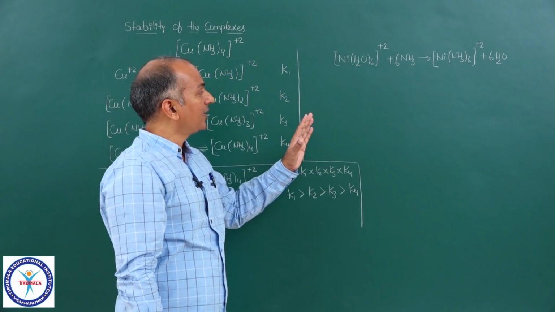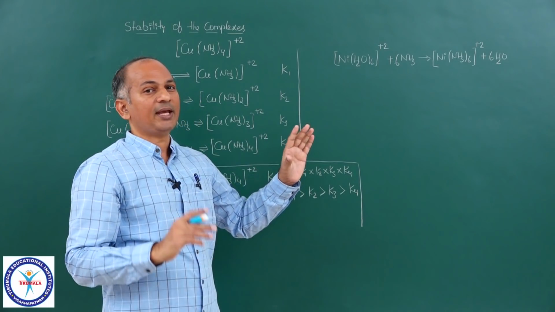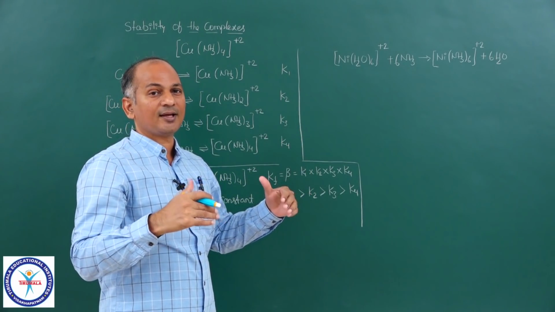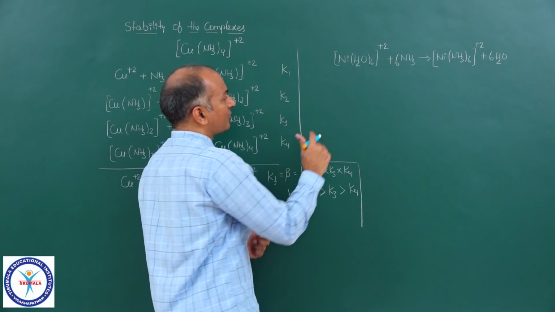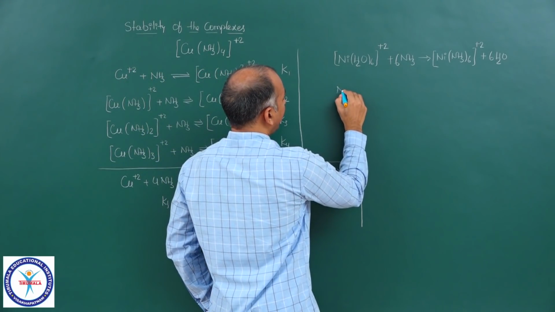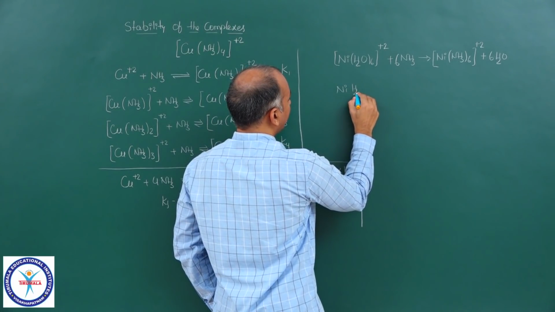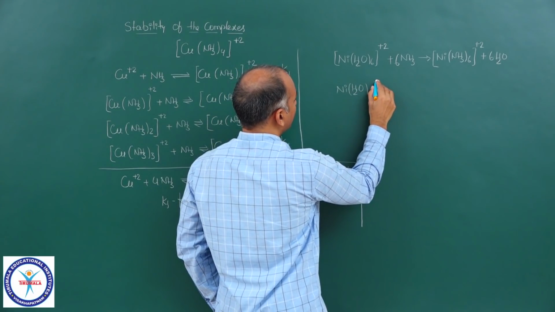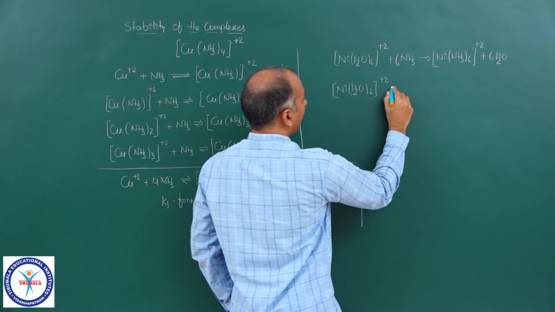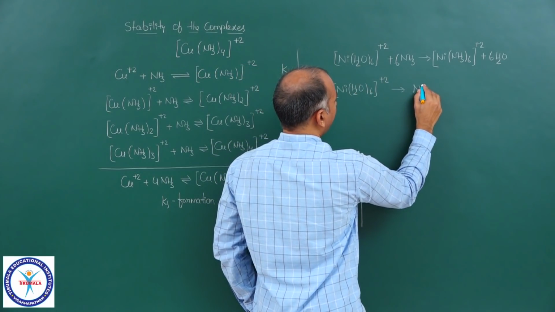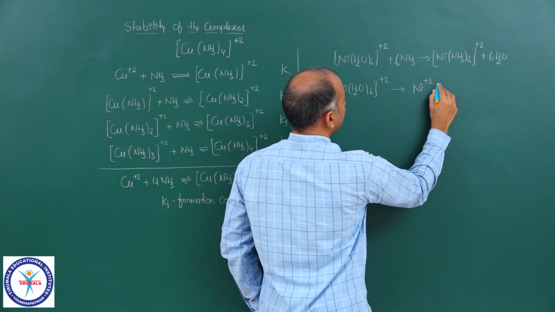Now this particular reaction can be analyzed in a familiar way, which you can all understand. Now suppose see, Ni H2O taken 6 times plus 2. Now let us break this complex completely. So if you do that, then you will get Ni plus 2 plus 6 water.